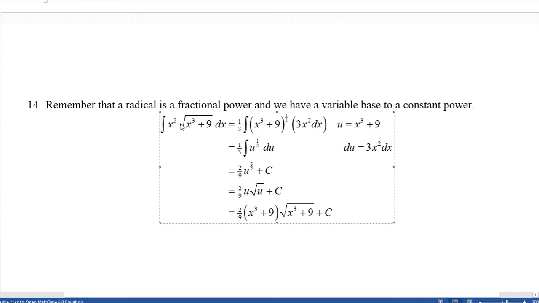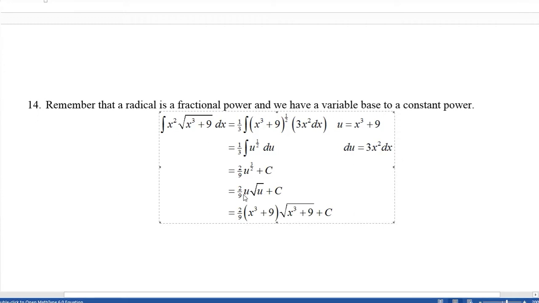Actually, I had square roots to begin with rather than fractional powers. Personally, I'd just as soon have the fractional powers, but we typically want it back in a form similar to what was given. So I'm going to do a little simplifying here before I even substitute. u to the 3/2 power, as a mixed number, 3/2 is 1 plus another 1/2.